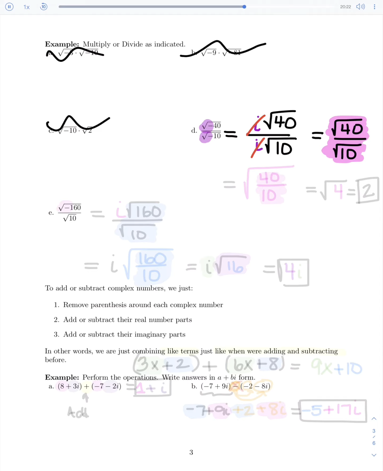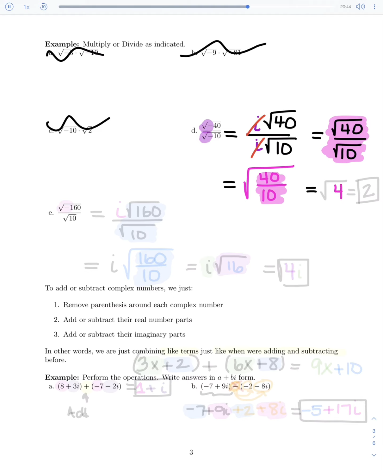So this will turn into one big square root of 40 over 10. But now if they're both inside of one big root, then I can just go ahead and do the math first. What is 40 divided by 10? Well, 40 divided by 10 is just 4.